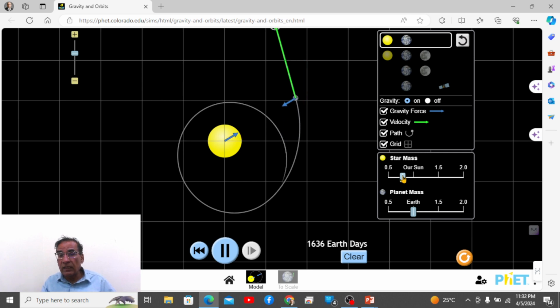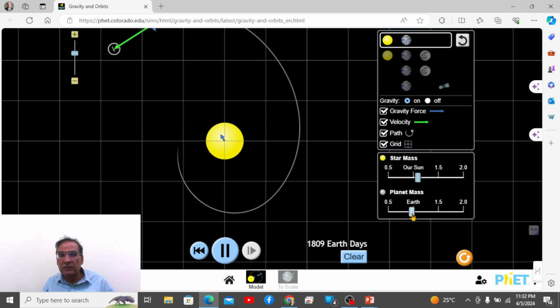On the other hand, if we change the mass of the earth, there is no effect on it, because the earth's mass is large.